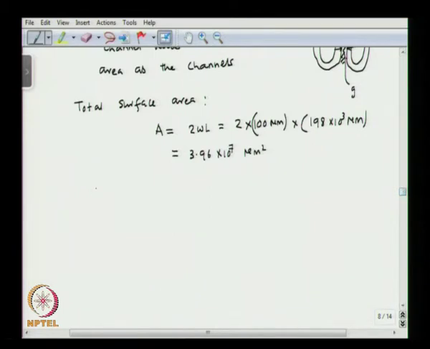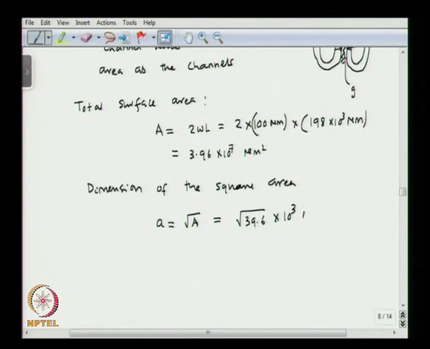So, we can find out the dimension of the square area, or the side of the square area. The dimension of the square area A will be square root of A, which will be square root of 39.6 into 10 to the power 6 micron square.